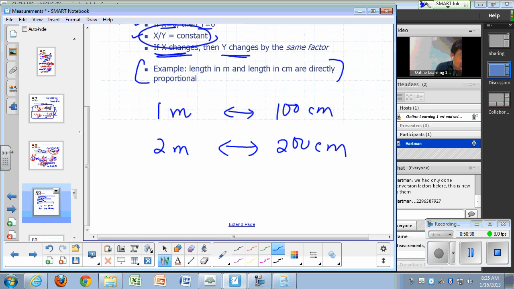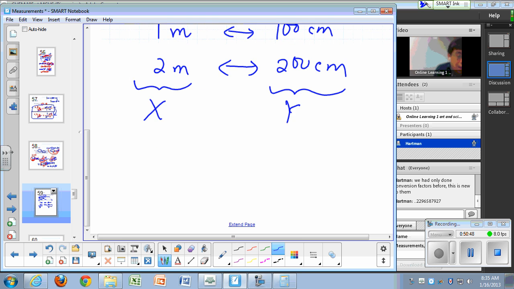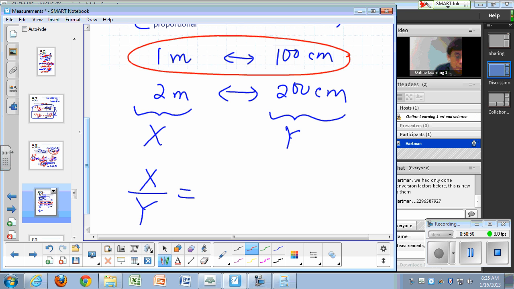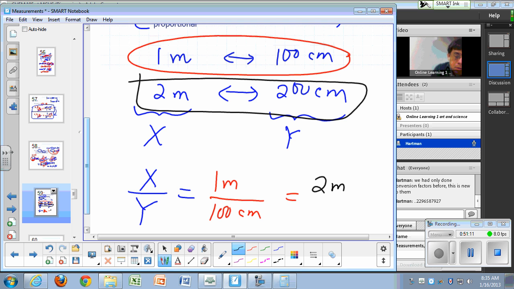Well, let's get the ratio of these two things. So let's call the length in meters x, and the length in centimeters y. Let's take the ratio of x over y. What is x over y in this particular instance? 1 meter over 100 centimeters. Is that equal to the ratio in this particular instance, 2 meters over 200 centimeters?